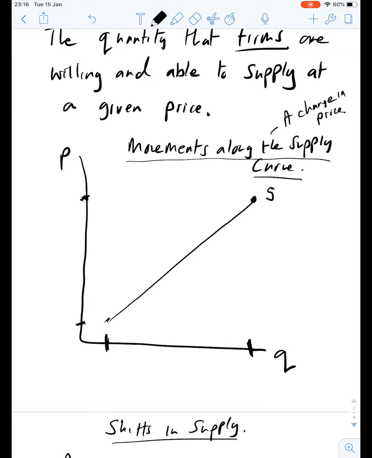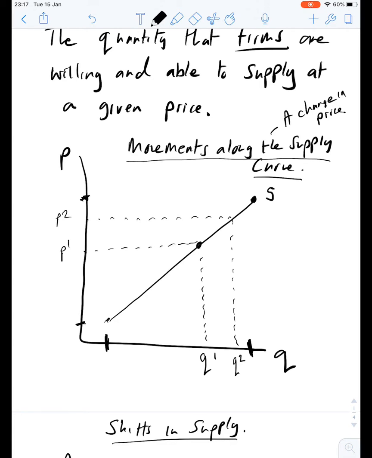So for an example, at price 1, we'll go along to the supply curve, we'll go down and quantity 1. Now, if price increased, go along to the supply curve, go down, the quantity that firms will be willing and able to supply the product at would increase from Q1 to Q2.